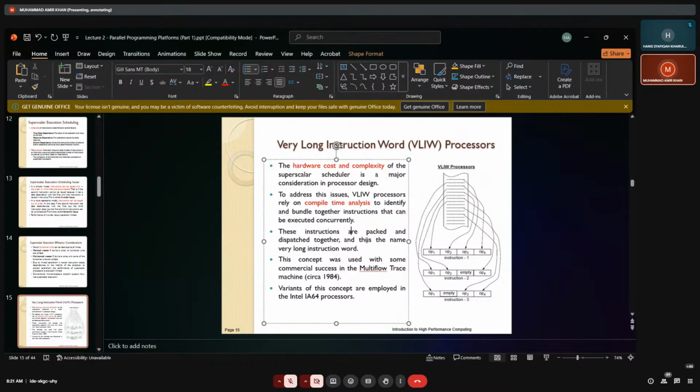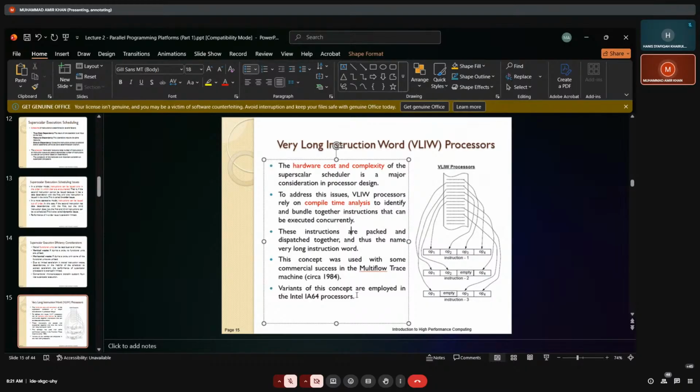These instructions are packed and dispatched together, meaning they enter together, and thus the name very long instruction word. The concept was used with some commercial success in the Multiflow Trace machine, circa 1984.